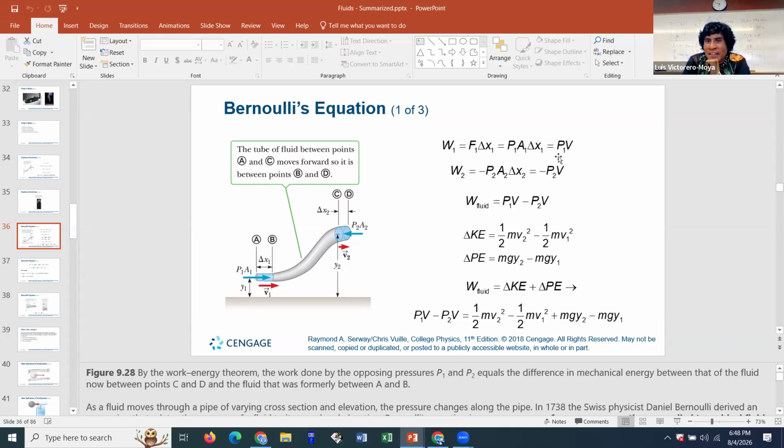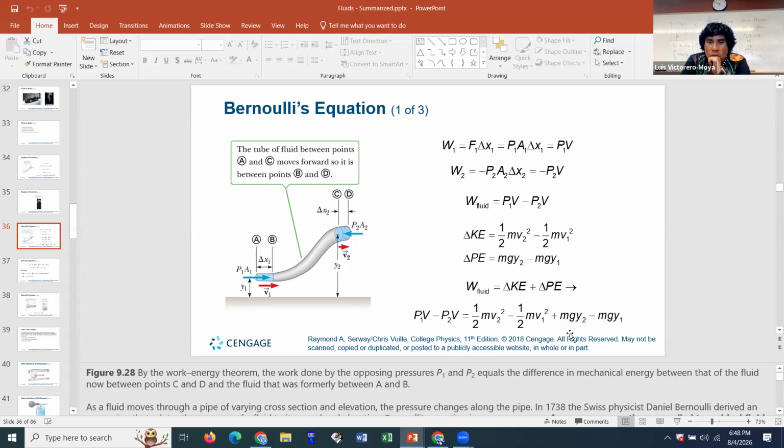You don't have to believe it. That's a proof that work is also pressure times volume. So the pressure here is different than the pressure here, and this is the work done between the two pressures. That's equal to the change in kinetic plus the change in potential.